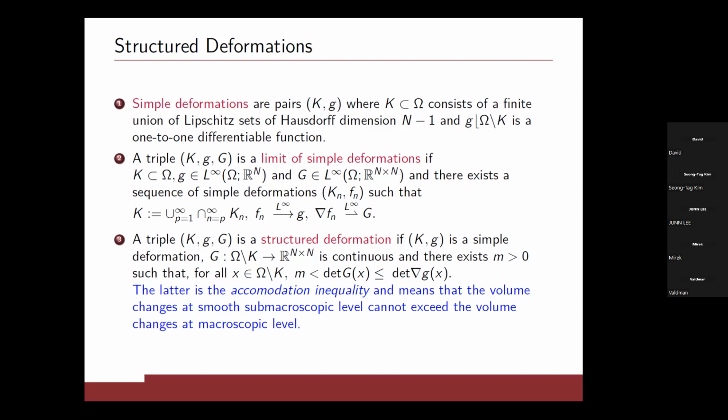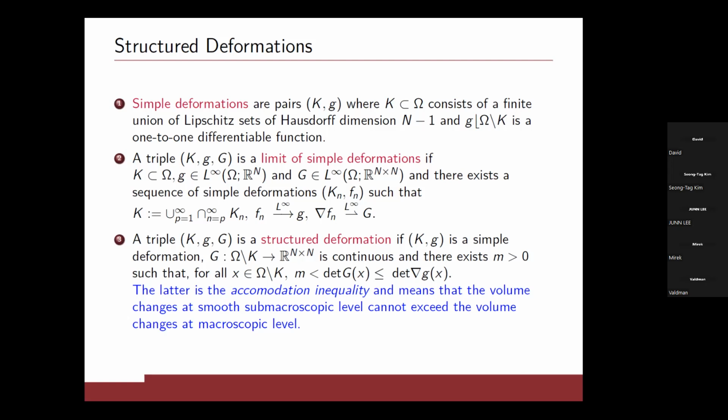A limit of a simple deformation is a triple: a set K, a deformation field, little g, and another field that they symbolize with capital G. In the construction made by Del Piero and Owen, both these fields, little g and capital G, are bounded fields. And this triple is a limit in the sense that it can be achieved by a sequence of simple deformations as described above.